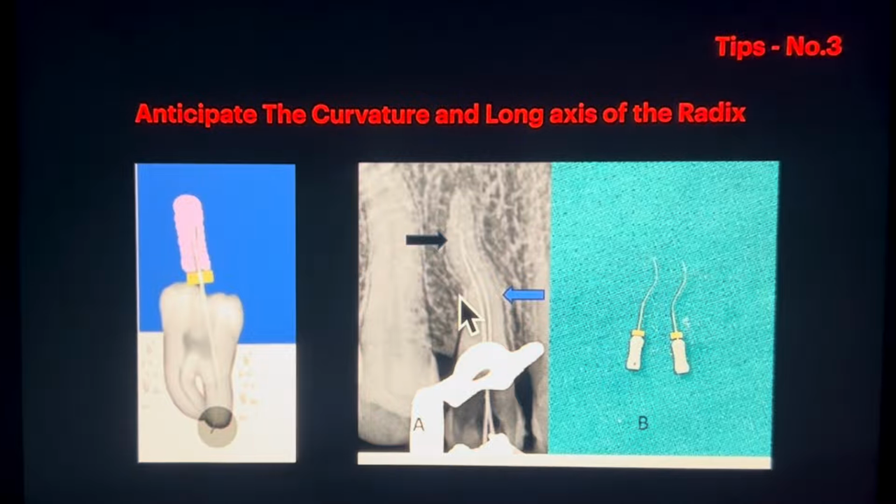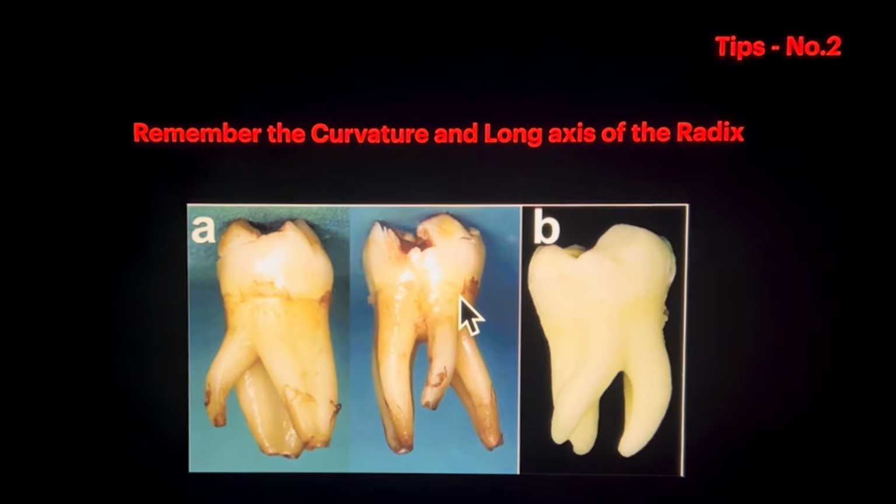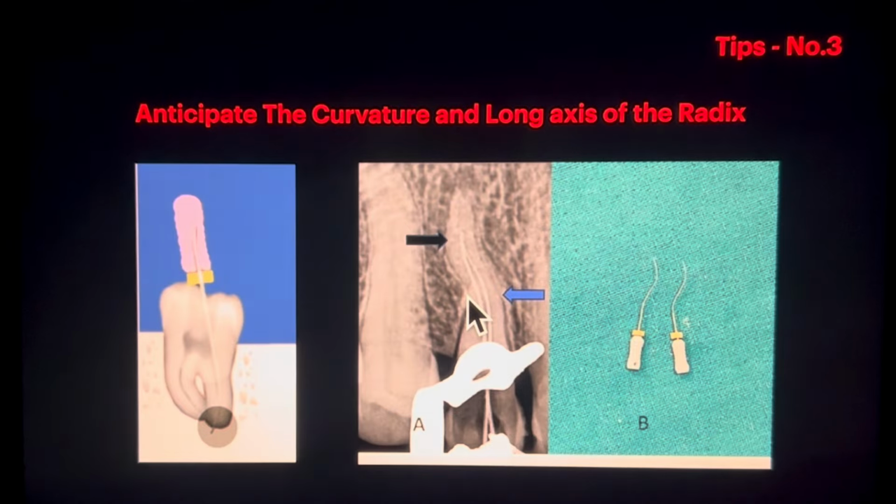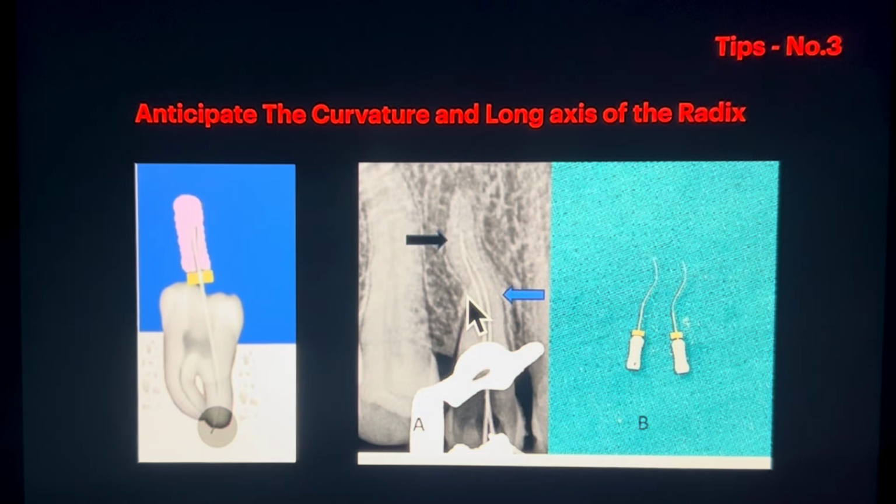Now tip number 3, anticipate the curvature and long axis of the radix. In tip number 2, I said to remember the curvature and long axis of the radix before your root canal procedure, and during your root canal procedure remember tip number 3, that is, anticipate the curvature and long axis of the radix. Now how will you anticipate?